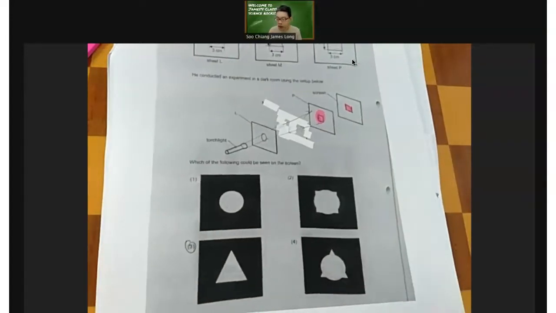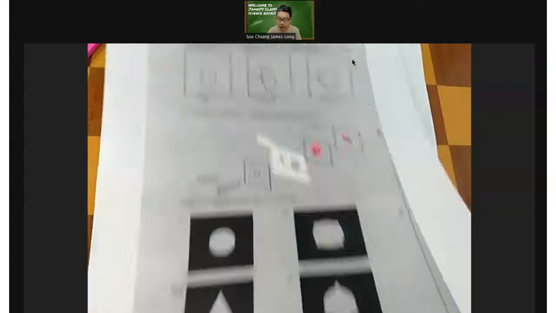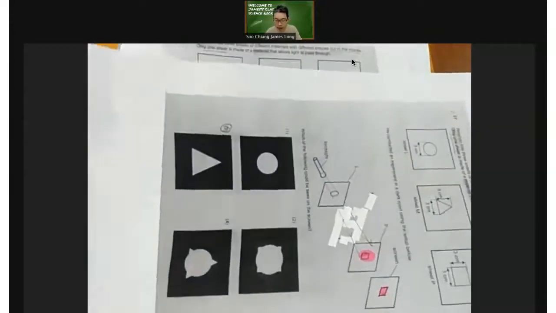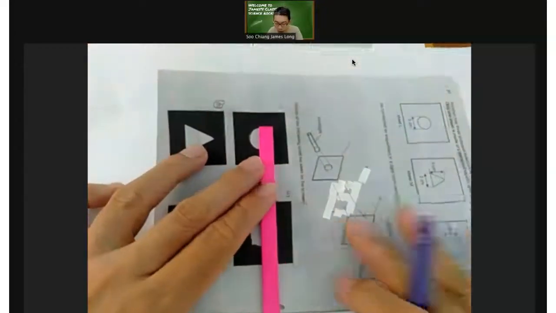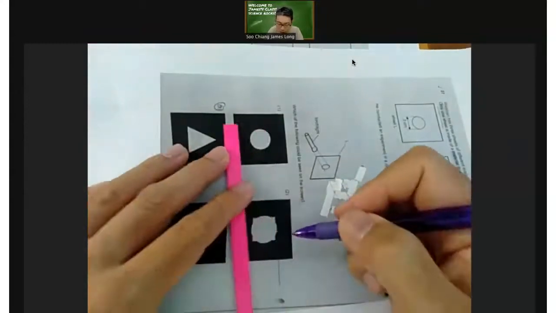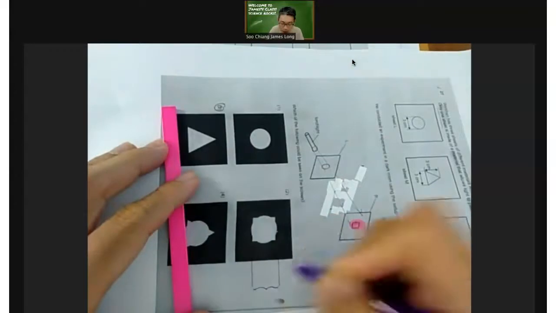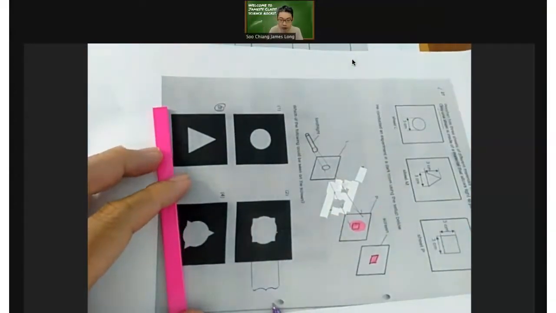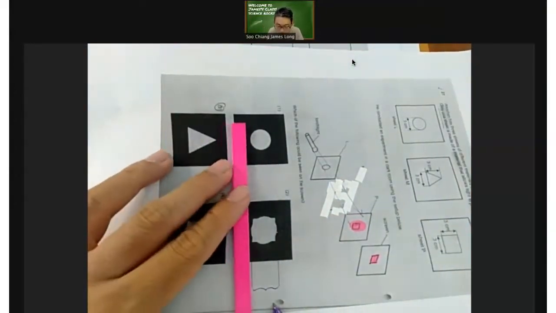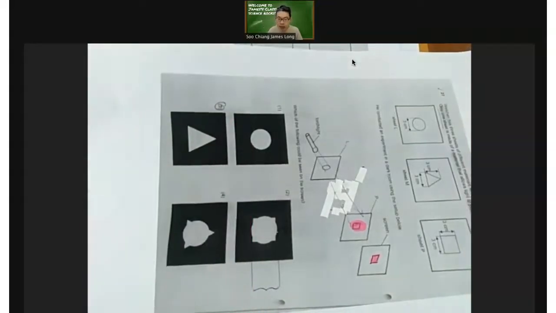So to rule this out, we use the height of this light spots again. So how do you use the height? Well, let's draw it out, just for you to see. This will be the diameter of the circle. How about the square? It's about the same, right? So they can't be the same in size.